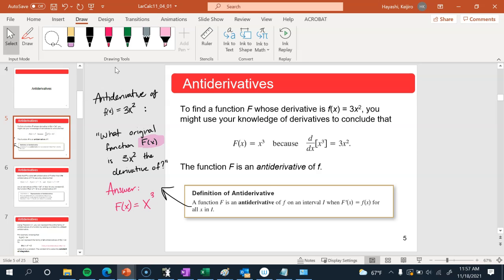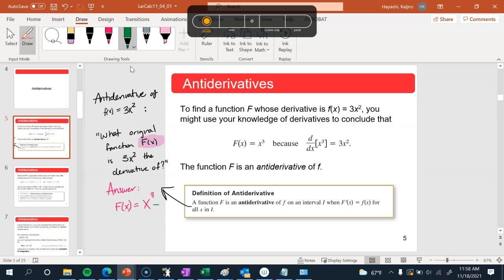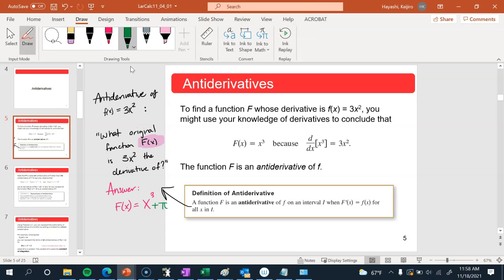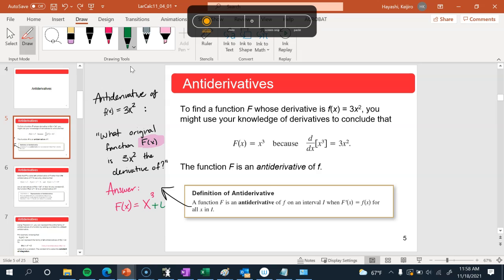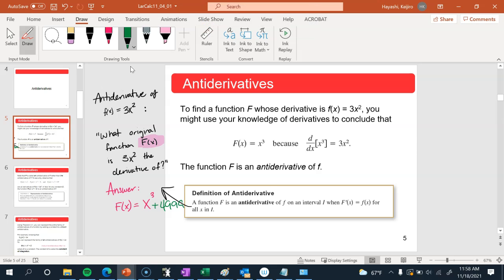As you guys know, the derivative of a constant is 0. So just as easily as x cubed would give a derivative of 3x squared, so would x cubed plus 1, or x cubed minus 1, or x cubed plus pi, or x cubed plus 4,999. Those would all give a derivative of 3x squared.